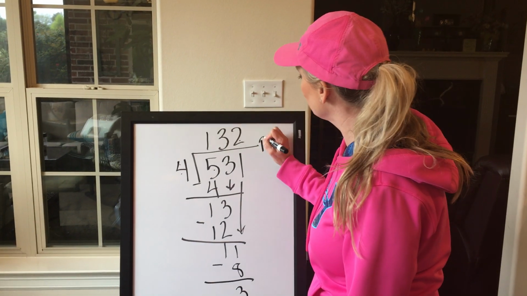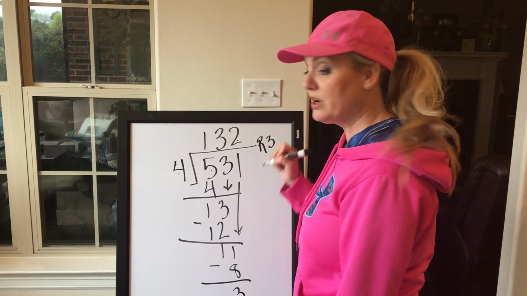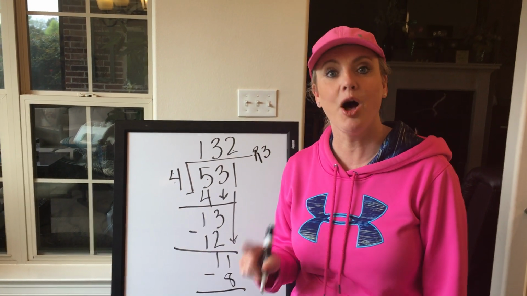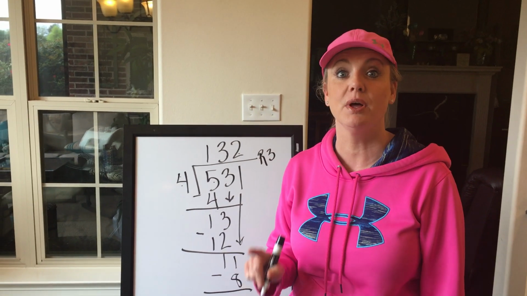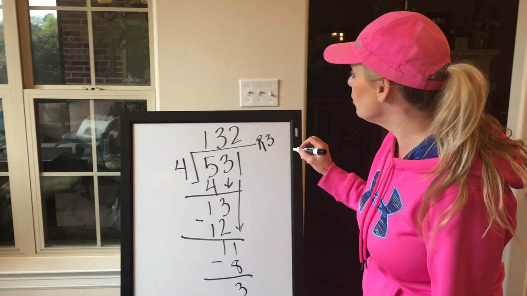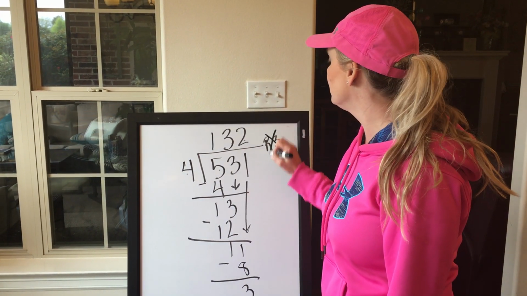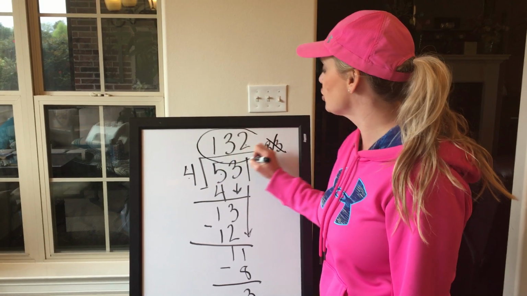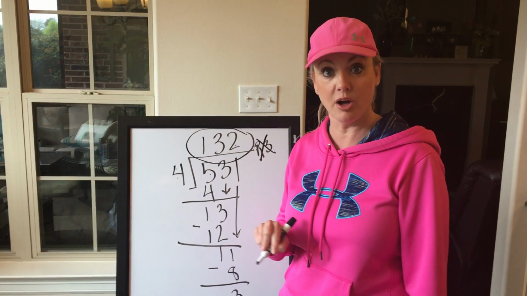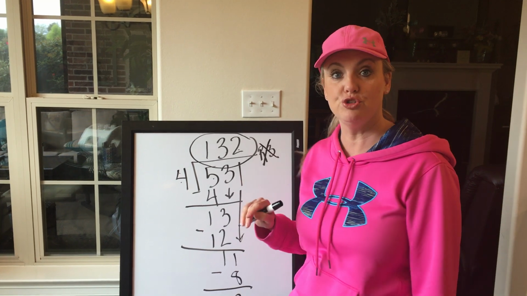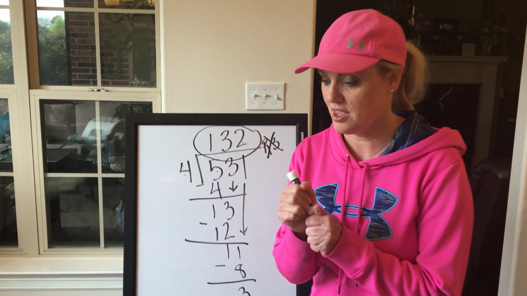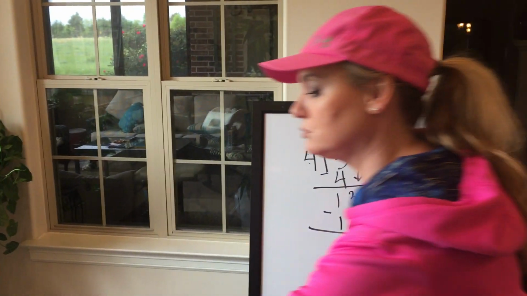And I have a remainder of 3. Now my question said, how many pages can I fill up completely? So do I need this remainder? No, I don't. To answer the question, it would be I can fill up 132 pages of the album. So that was definitely a drop it rule.